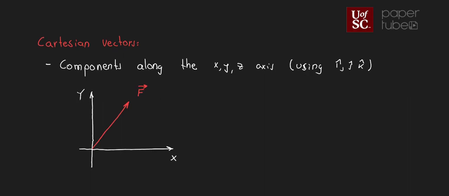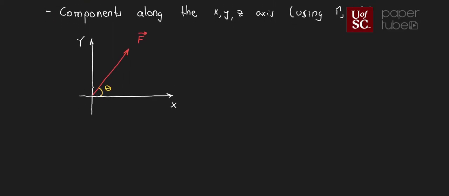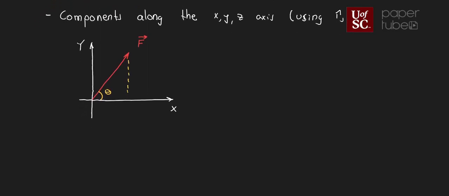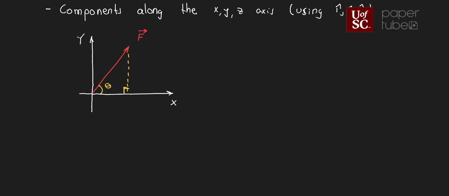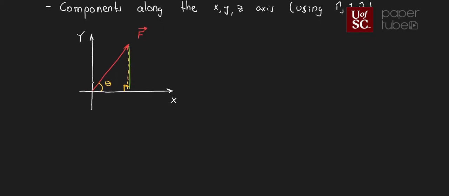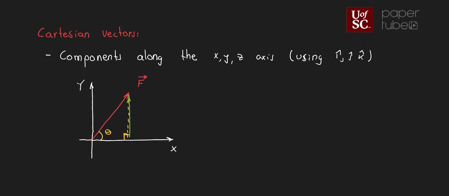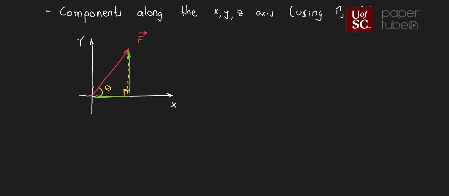Now I want to write this down in Cartesian vector form. Let's say that we have information about this angle. What I can do now is form this right triangle right here, and break down or decompose that vector into two other vectors, one going in this direction, one going in this direction.